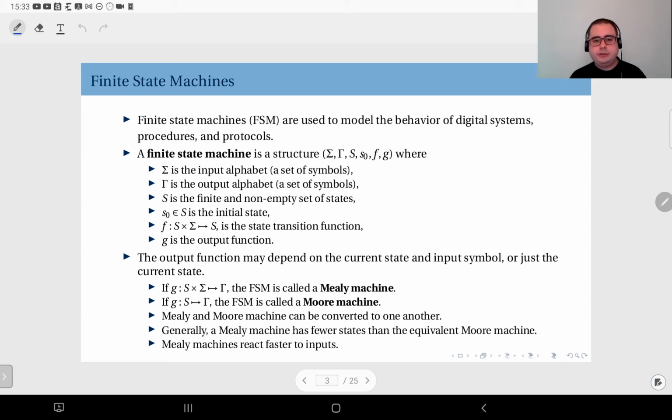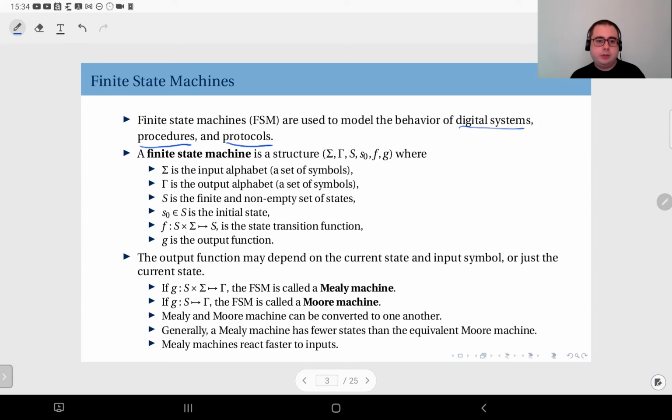Finite state machines are used to model the behavior of digital systems in general. These could be control systems, this could be computation systems, or you can also use finite state machines to represent procedures like algorithms or protocols, which we usually see in, for instance, computer networking.